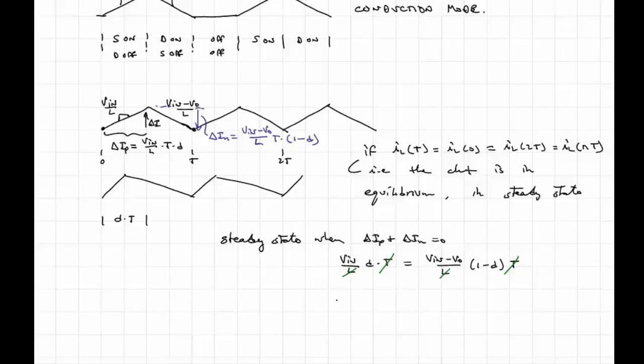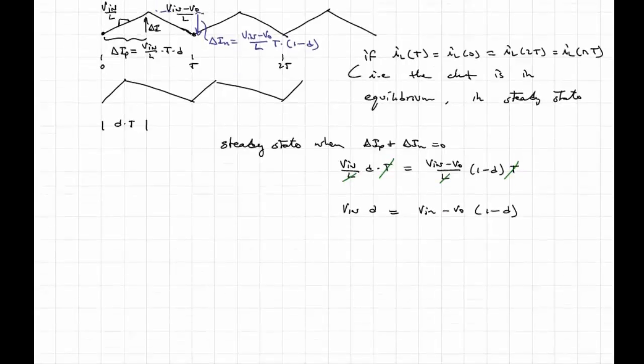So let's rewrite this. We have Vn times D is equal to Vn minus VO times 1 minus D. Let's collect Vn over here.